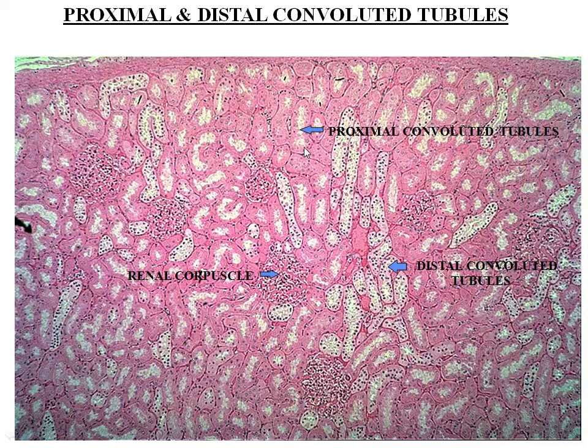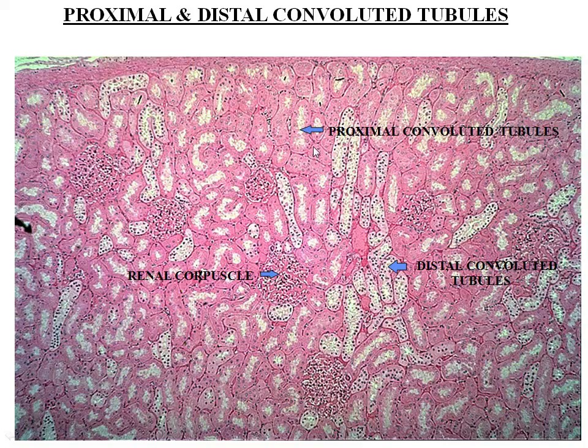Now, what kind of epithelial cell will you see in the proximal convoluted tubule? From the glomerulus to the end, up to the ureter, you will find everywhere an internal cell lining of epithelial tissues, but their structure changes.